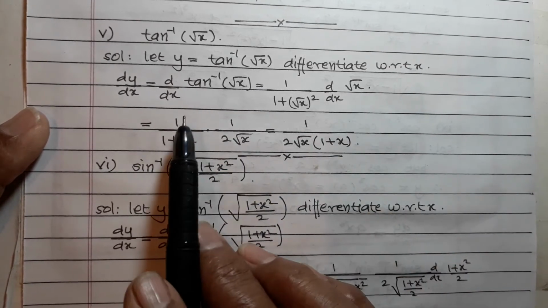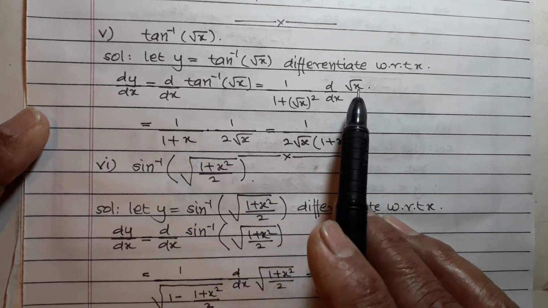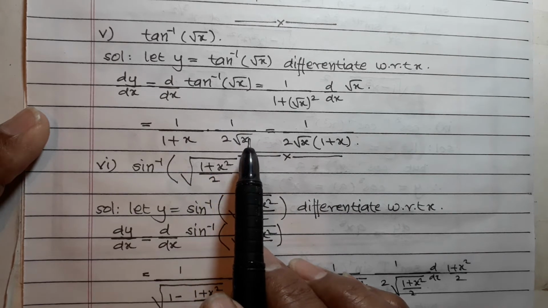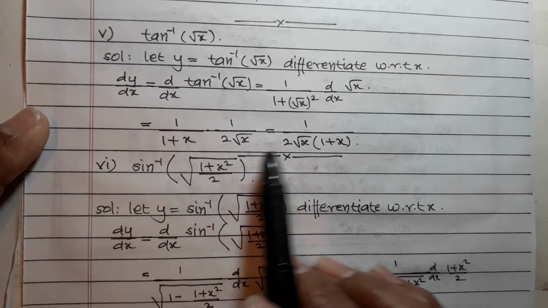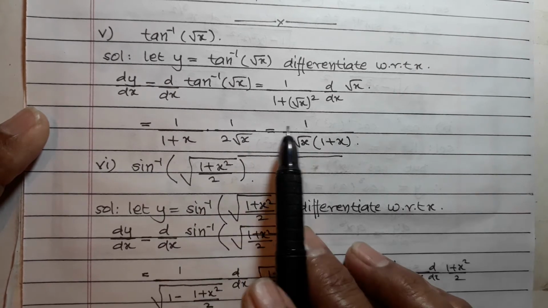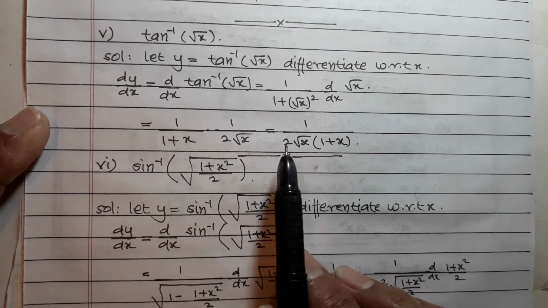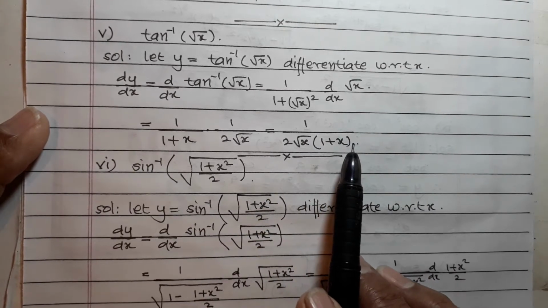So it is 1 upon 1 plus x into the derivative of root x, which is 1 upon 2 root x, and into the derivative of x, but that is 1. So here the derivative is complete: 1 upon 2 root x into (1 plus x).